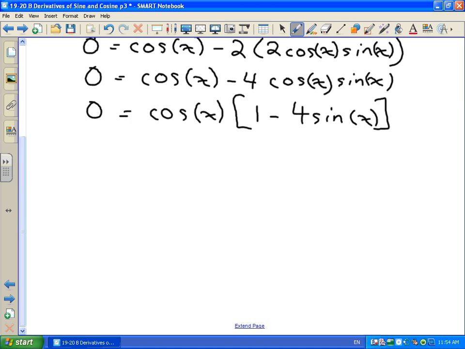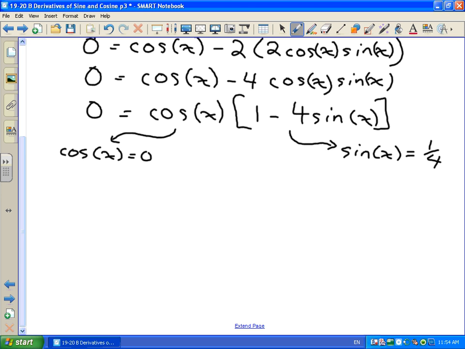So this gives us two equations that we can solve. We can solve cos x equals 0, and if we rearrange the stuff in the square brackets, we get sine x equals 1/4. These are our two things to solve.